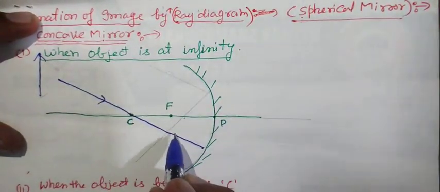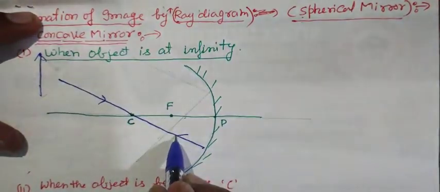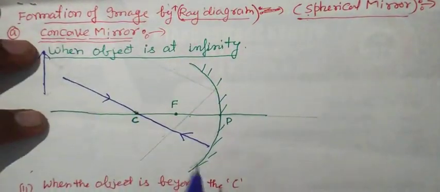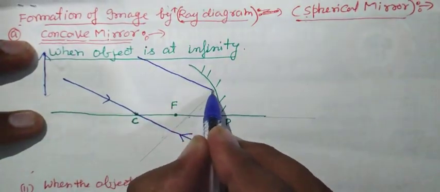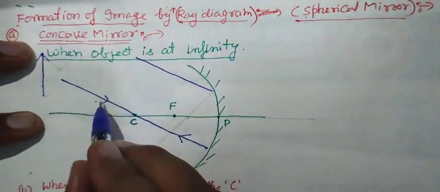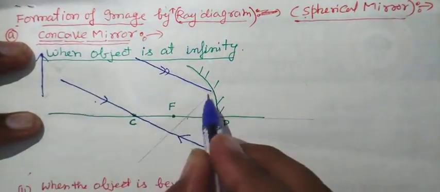A ray passing to the optical center, we know, is reflected back in the same direction according to the rule, and another ray of light, parallel to the first, falls on the concave mirror.